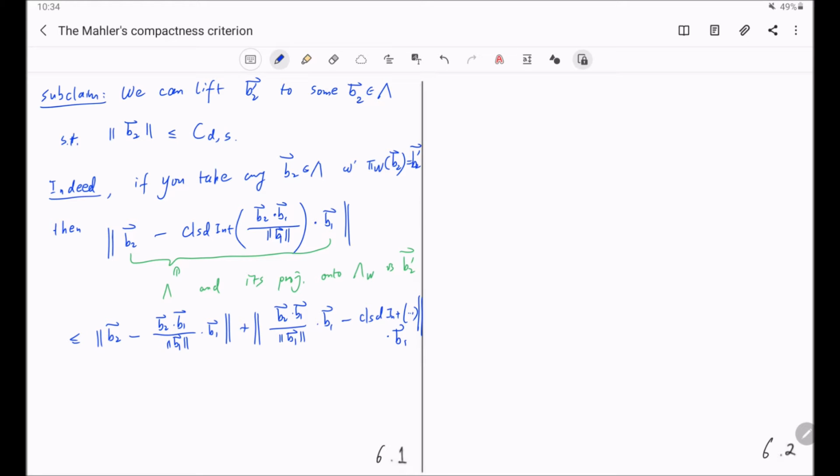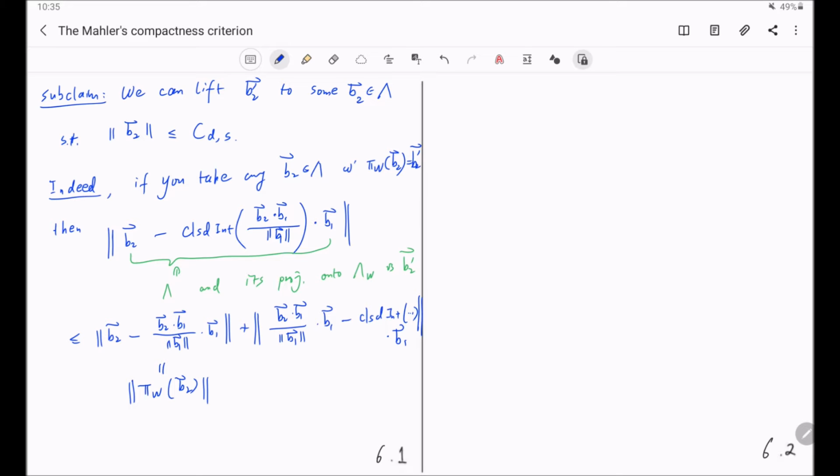Okay, the first part is simply the projection of B2 onto W. So this will be the same as the norm of this.